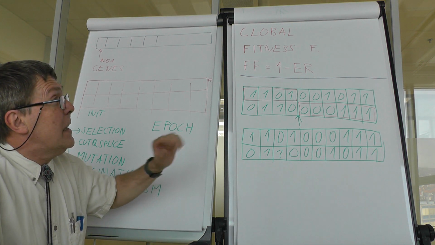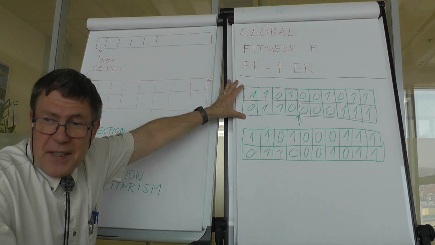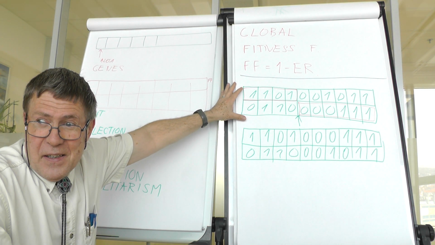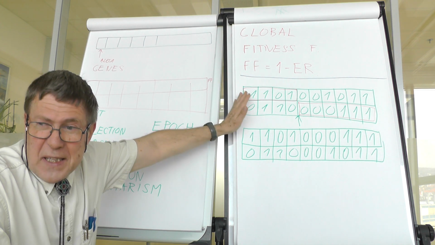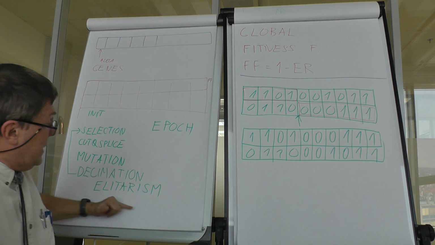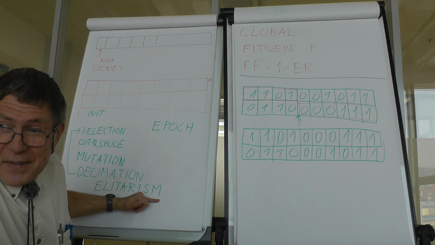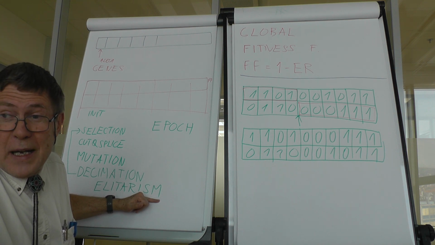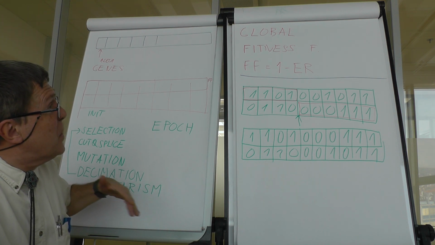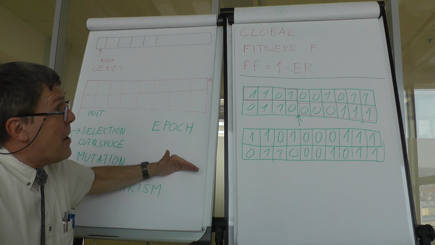But anyway, if you leave the parents, the original set, within the set during decimation, then you set elitarism to a complete elitarism, because mostly you will not get much different solutions than you already have.